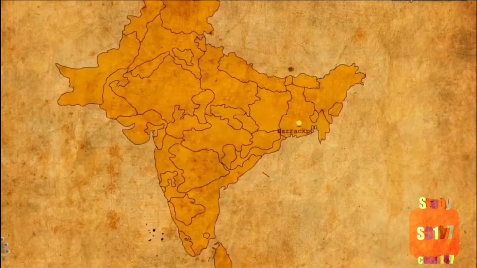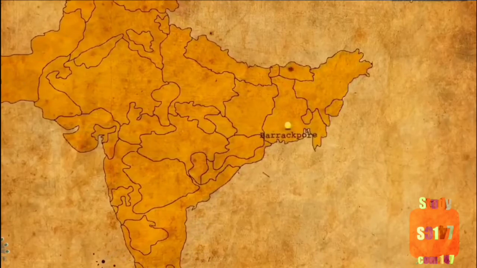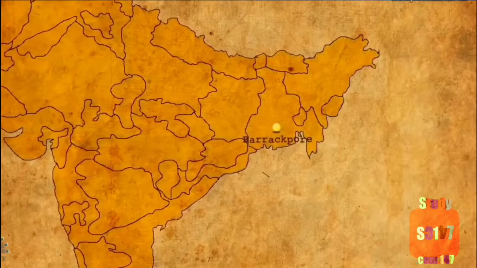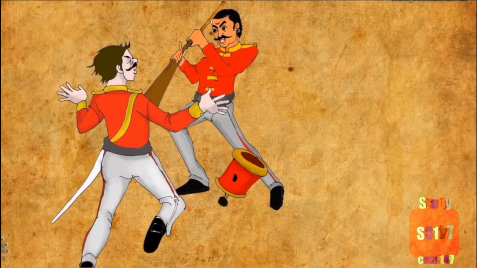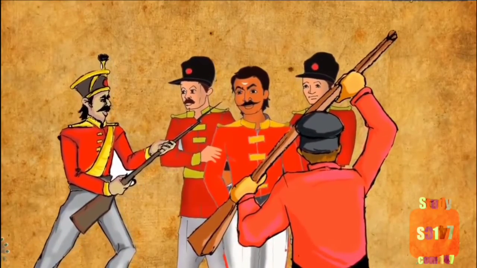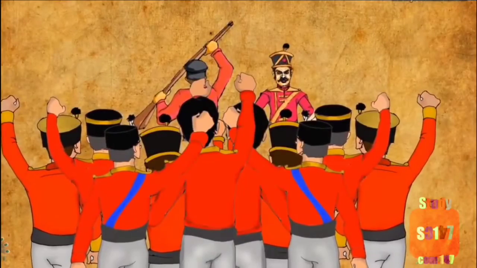On the 29th of March 1857, the Indian sepoys at Barrackpore refused to use the greased cartridges. They were forced to bite the cartridges and load the rifles on a routine drill. Mangal Pandey, a young sepoy of the regiment, gets enraged and attacks his officers. He was later overpowered by the European soldiers of the regiment.